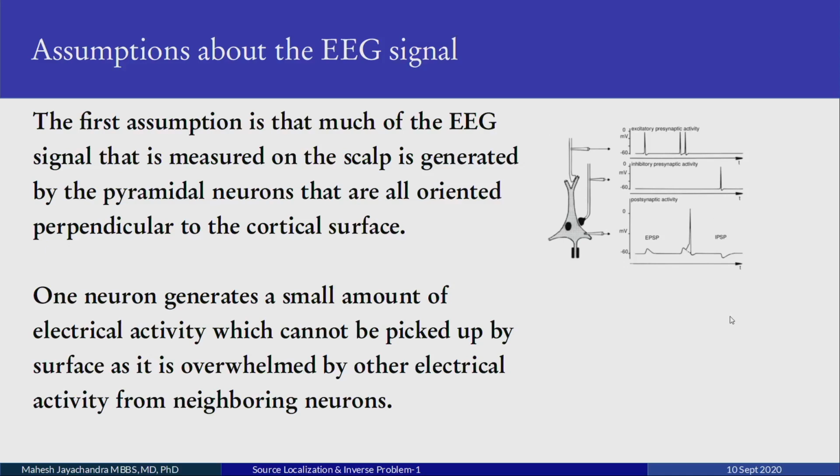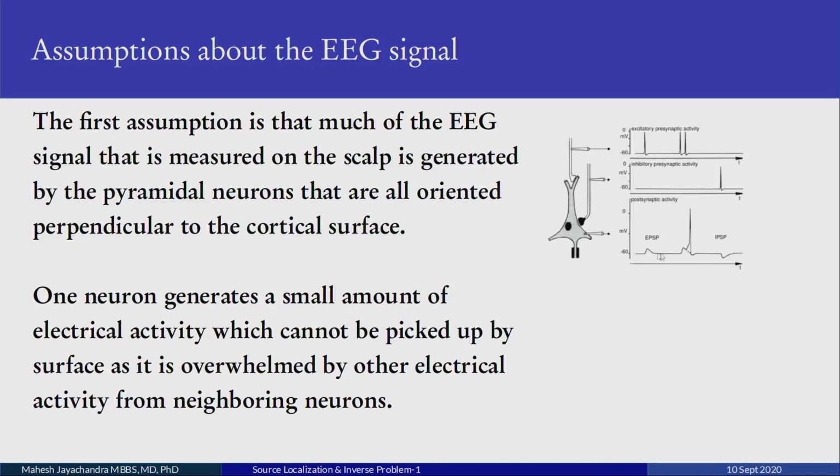So the first assumption is that the signal that is measured on the scalp is generated by the pyramidal neurons that are all oriented perpendicular to the cortical surface. And this figure you encountered earlier. So this is a pyramidal cell.